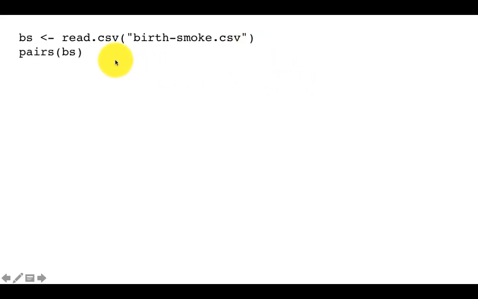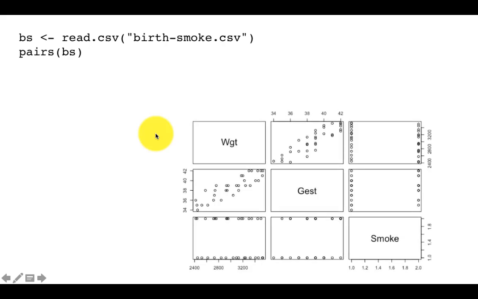First of all, what we want to do is take a look at the pairwise scatter plots in this data set. You can do pairs(BS), and it's going to show us all the three attributes and the scatter plots. The way to interpret a particular plot is to ask what is on the x-axis and what is on the y-axis. When you see the text weight here, that is parallel to the x-axis.